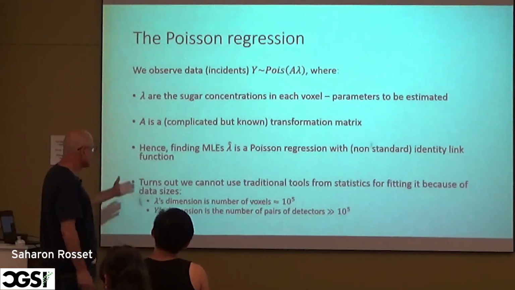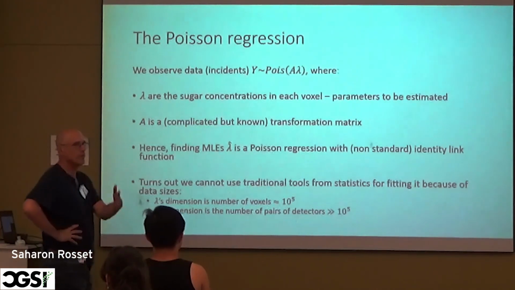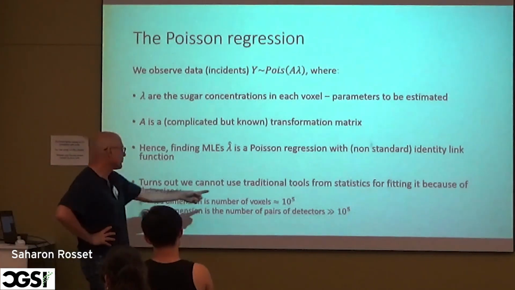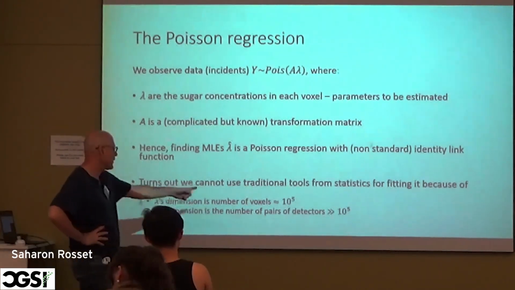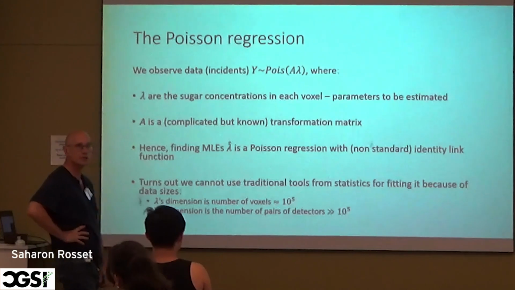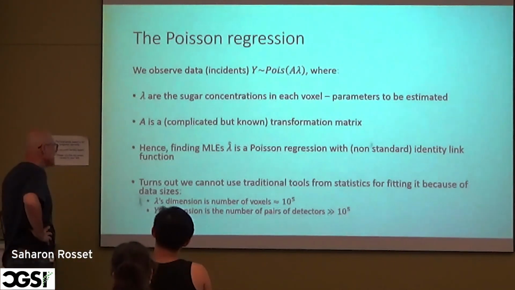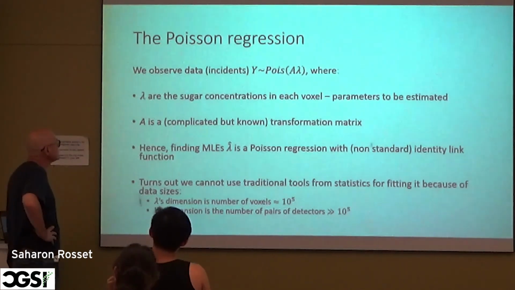And the interesting thing is that things hopefully many of us learned in statistics class cannot be used here, because there are too many parameters and way too many observations to use basically second order methods.